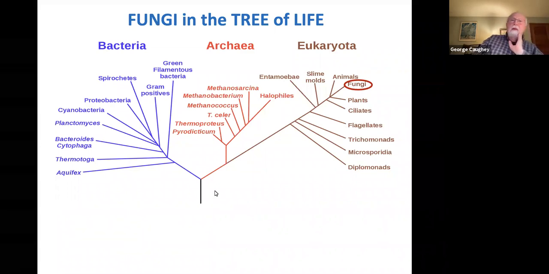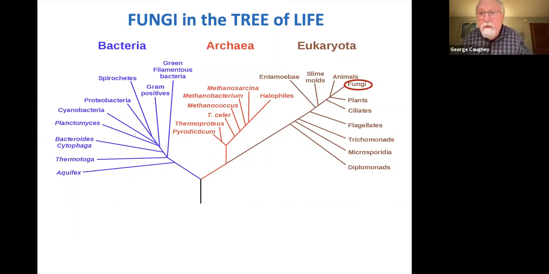I've kind of gotten a little bit away from talking about the 5 kingdoms or the 7 kingdoms. There's 3 domains: bacteria, archaea, and eukaryotes.